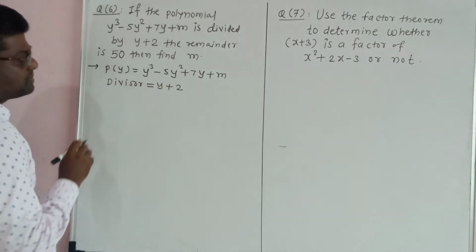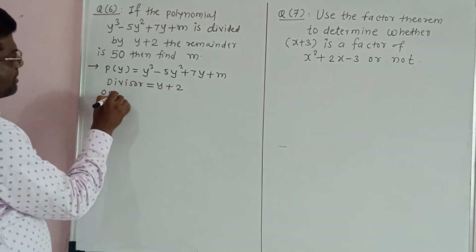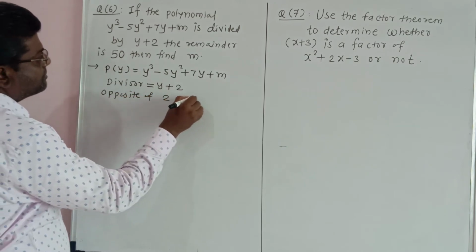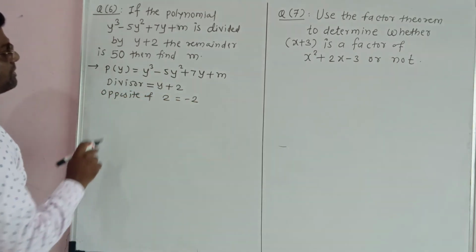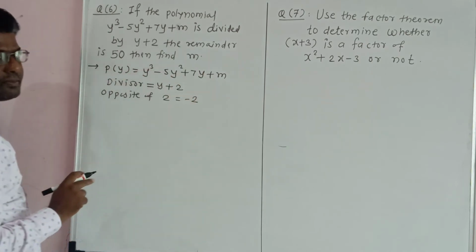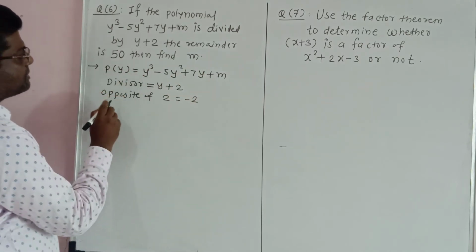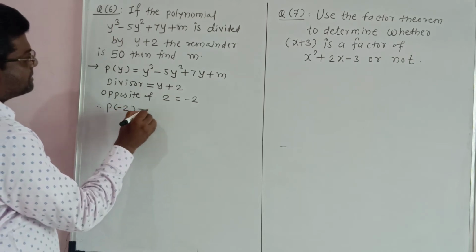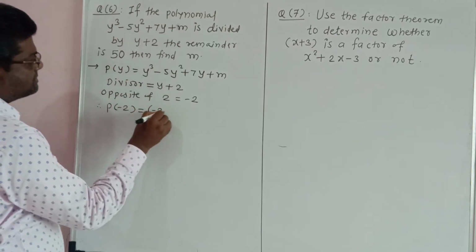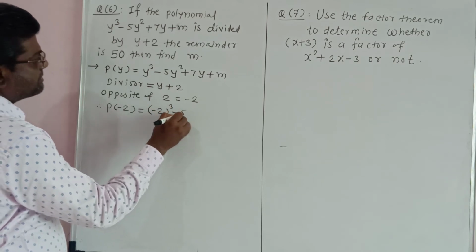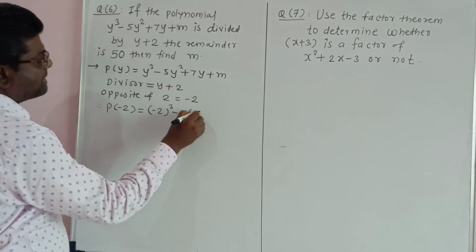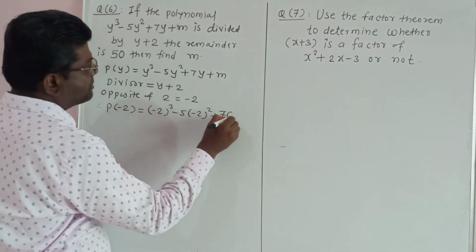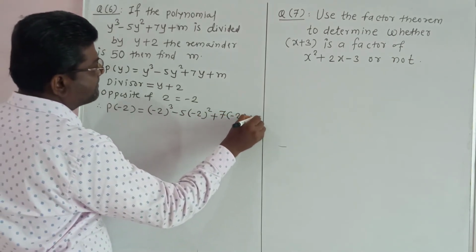Here it is plus 2, therefore the opposite of 2 is equal to minus 2. So we find the value of this polynomial at y is equal to minus 2. Therefore, P of minus 2 is equal to minus 2 raised to 3, minus 5 into minus 2 square, plus 7 into minus 2 plus m.